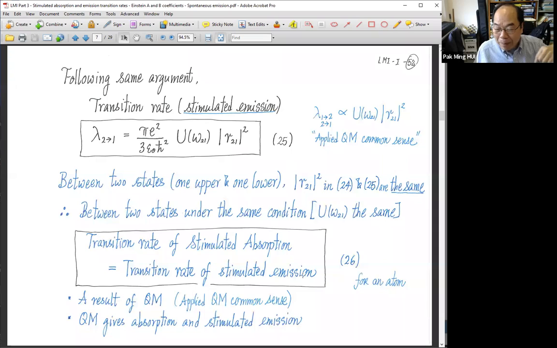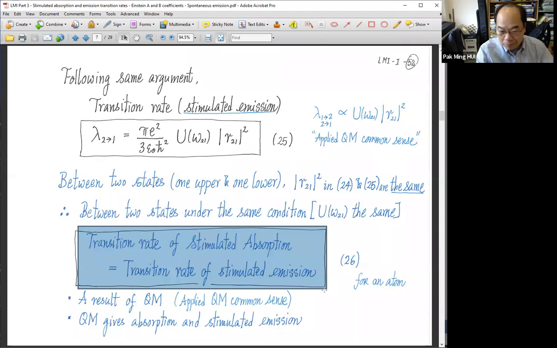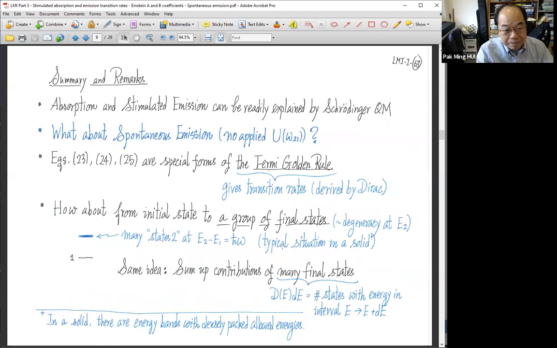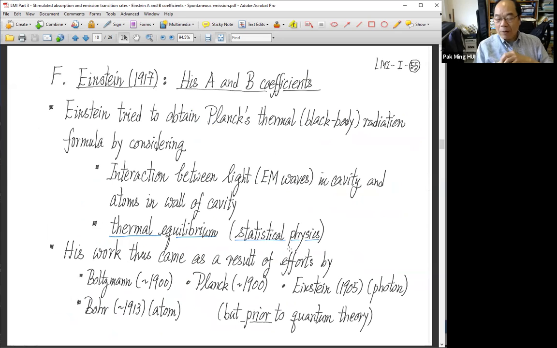We have to wind back the clock to a few years before quantum mechanics was established. Namely, we will go back to 1916, 1917, when Einstein did some work on blackbody radiation formula, and somehow he also at the end concluded this relationship. So this is the topic that we want to discuss today.